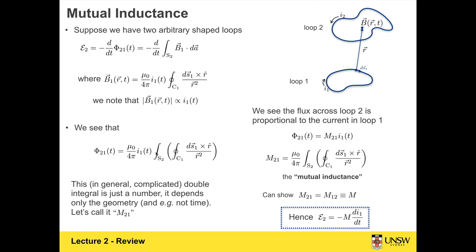That is, if we take all this integral except for the I, the point is that the B field and the flux is proportional to the current, and this constant of proportionality we call the mutual inductance. So we could sort of lump all this complication into this constant M21, which really just depends on the geometry, and we call this the mutual inductance. And so we could see very easily that the electromotive force in loop 2 is just proportional to the time rate of change of the current in loop 1.